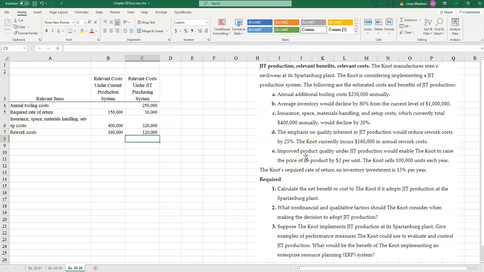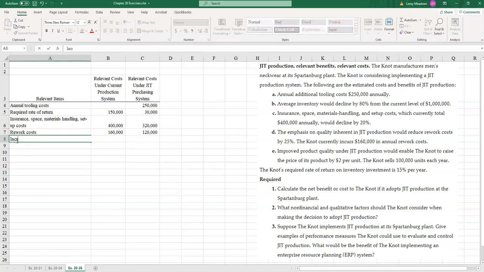The next thing I need to consider is the change in revenue, part E here. Improved product quality under just-in-time production would enable the knot to raise the price of its product by $2 per unit. The knot sells 100,000 units each year. So because of these extra costs I'm incurring for a just-in-time system, let's see, incremental.